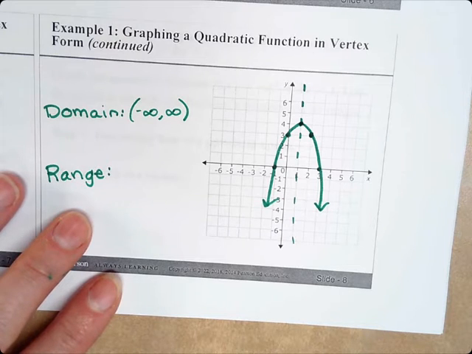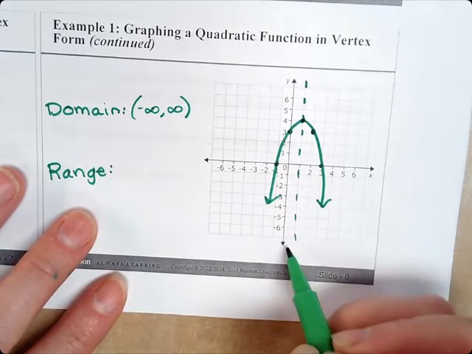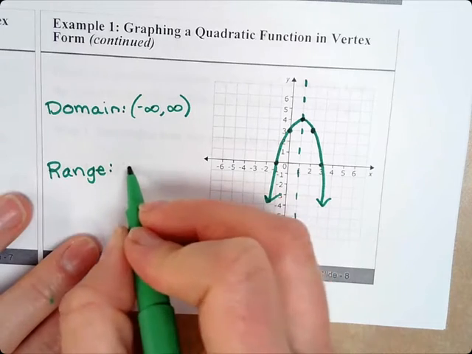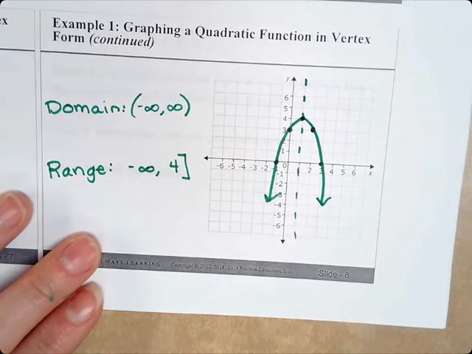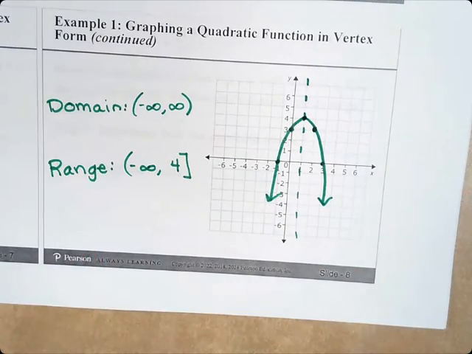And then our range is how far up, how far down. So the lowest it goes is negative infinity, and it goes all the way up to 4. So we'll write this as negative infinity to 4. And it includes 4, so we put the bracket there.